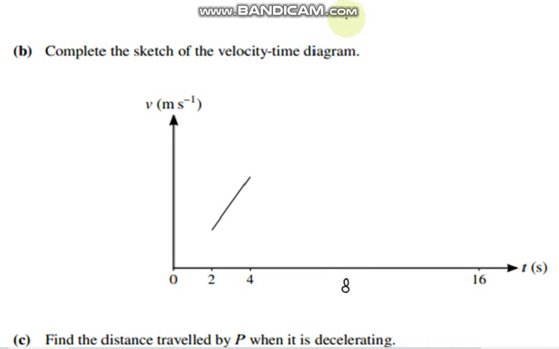The next part says to sketch the graph. From 0 to 2 it's a positive quadratic, so that would be something like this, and from 4 to 16 is a cup-downward curve, a negative quadratic, with the turning point at 8, 64.